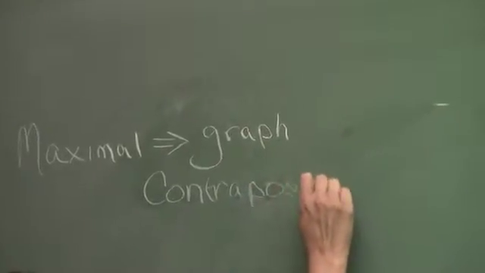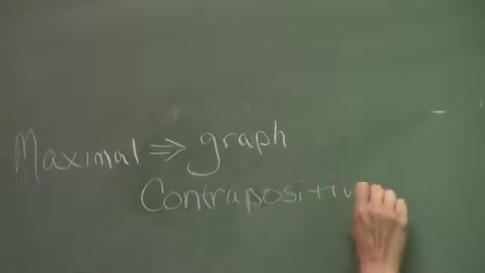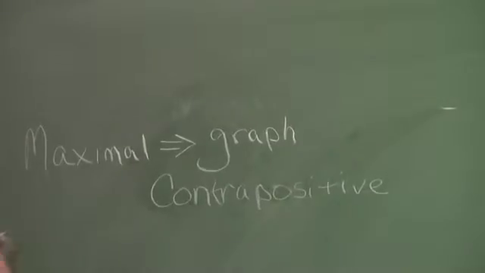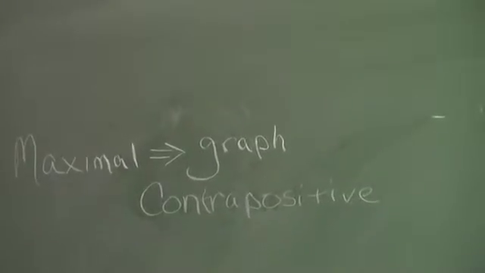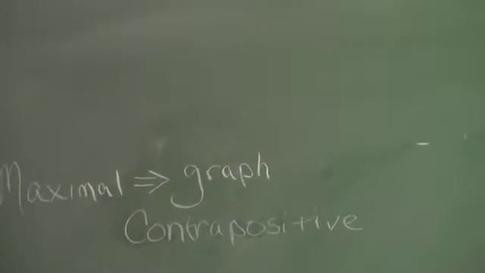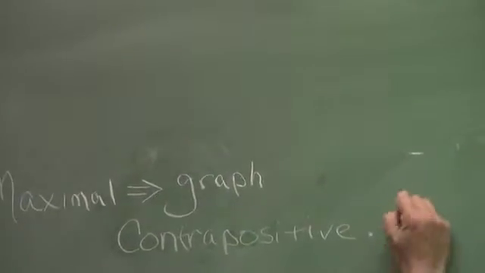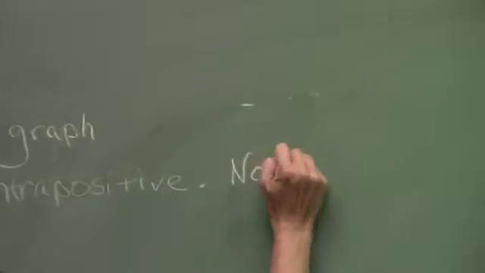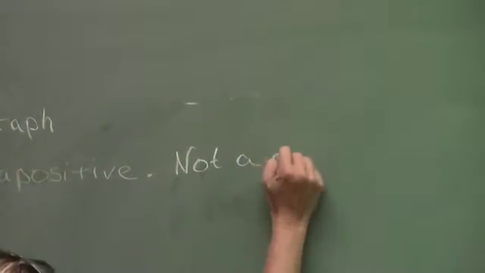My eyes are terrible. I'm also terrible at writing on the board. You're doing fine. So if it's not a graph, it implies it's not maximal. So R is not the graph of a function.